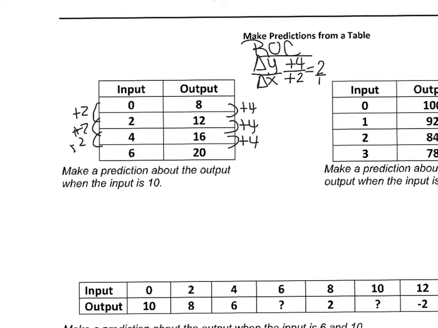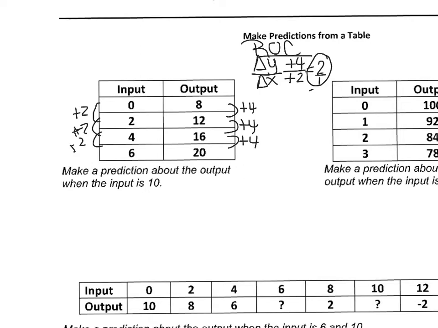You call it rate of change when you're talking about real world and context. But if you're dealing with the slope of a line, you're talking about slope, okay? So it's the same thing. Rate of change and slope is the same thing. So every time my y value increases 2, my x value is increasing 1, okay?